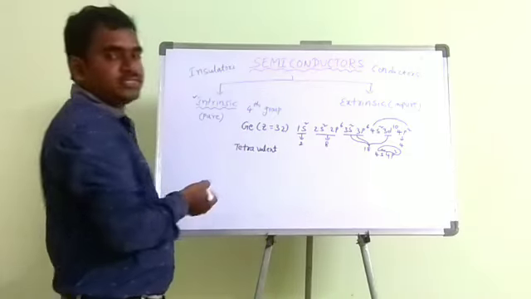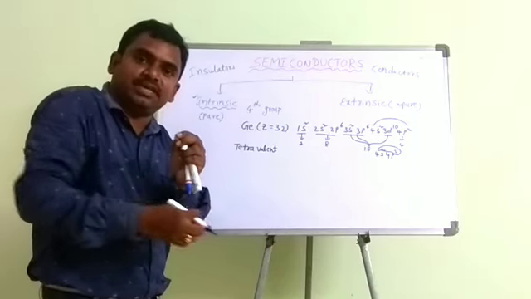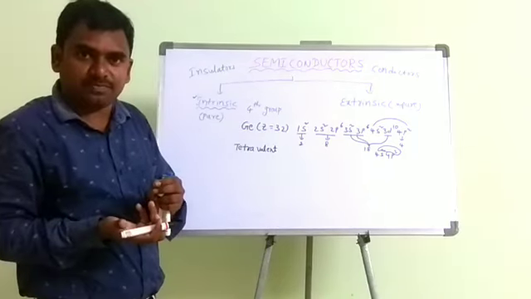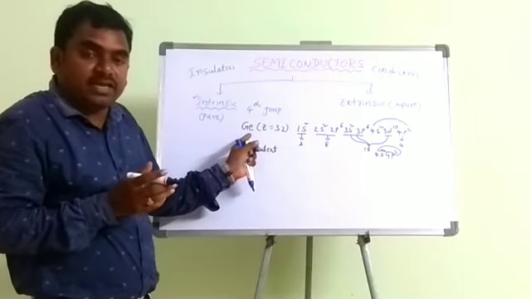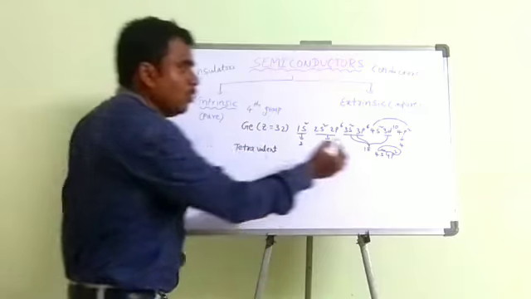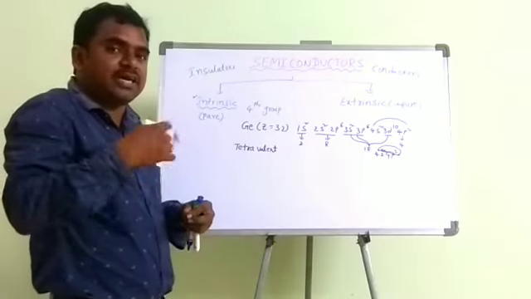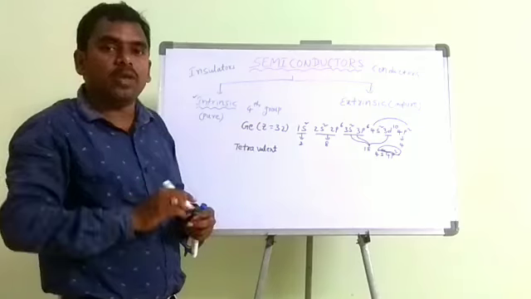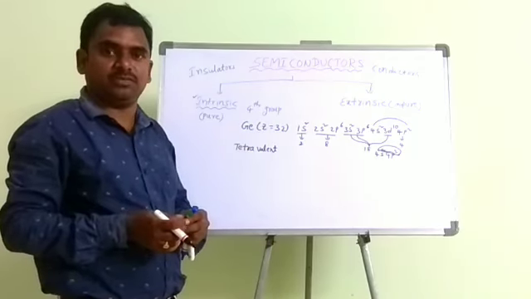Each and every surrounding atom is the same kind of atom, and in this germanium, the 4 valence electrons participate in covalent bonding with the surrounding atoms.